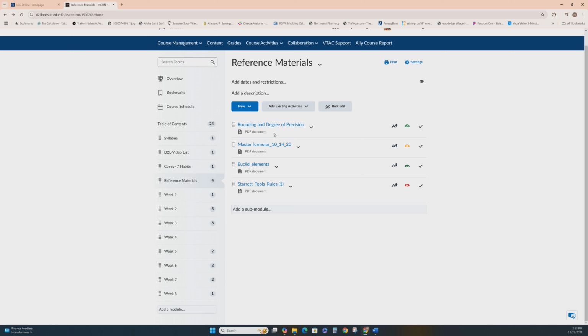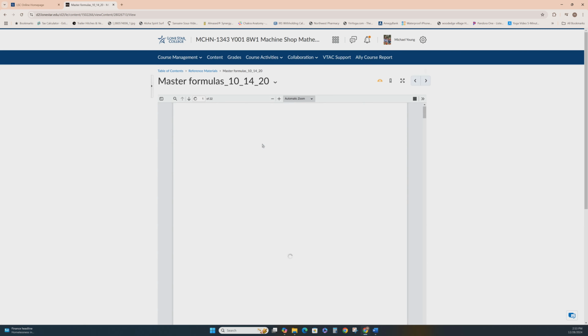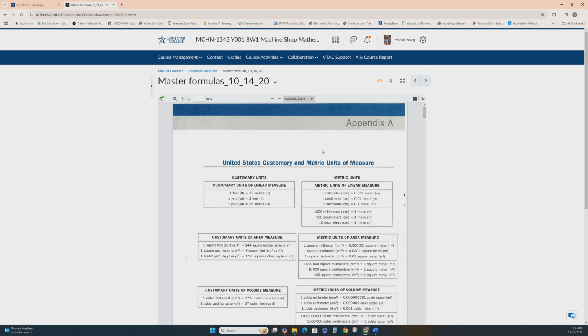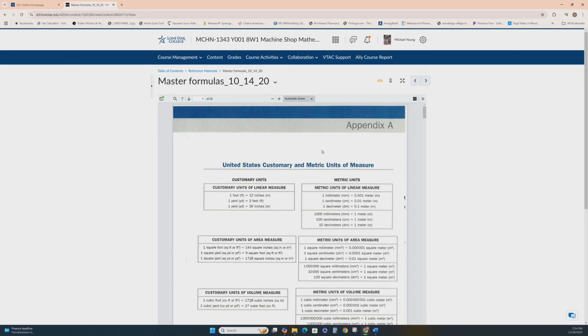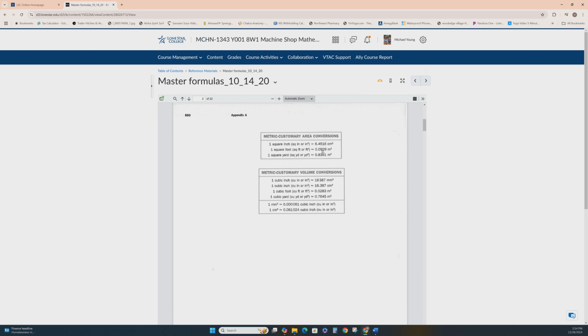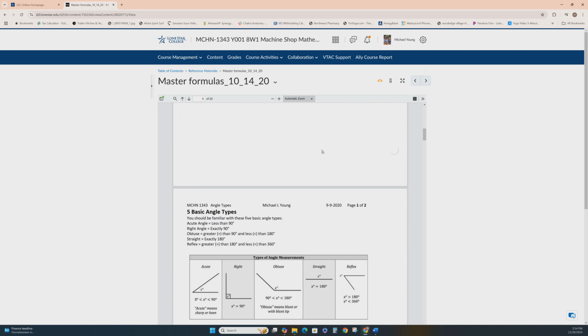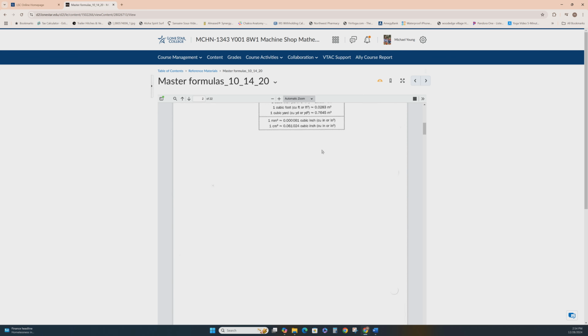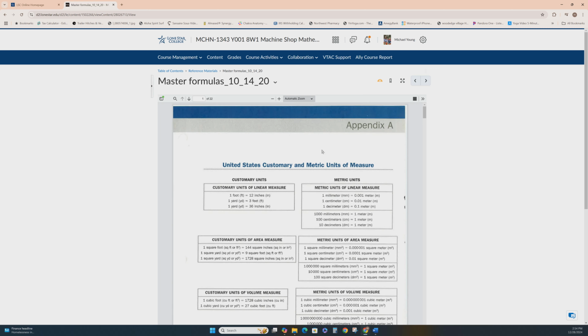That was dimensioning, not calculations. All right, master formulas. This came out of, I think, the 6th edition. I don't know, 6th, 7th, 5th edition, 6th edition of the old textbook that we required. It doesn't matter. And I've added a lot of other stuff to it, okay?